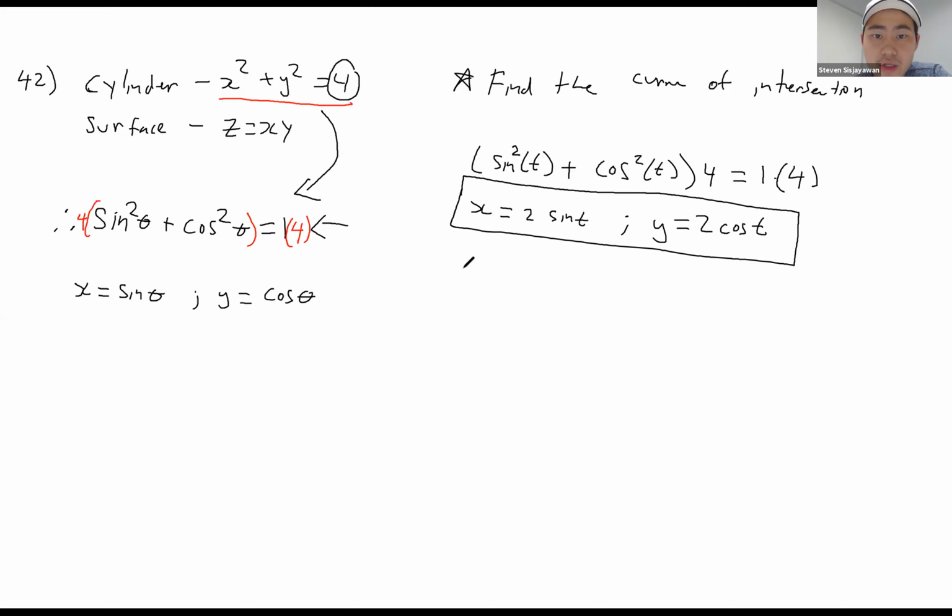So what you can do is take what you found for x and y and just multiply them together. So we get 4 sine t multiplied by cosine t.